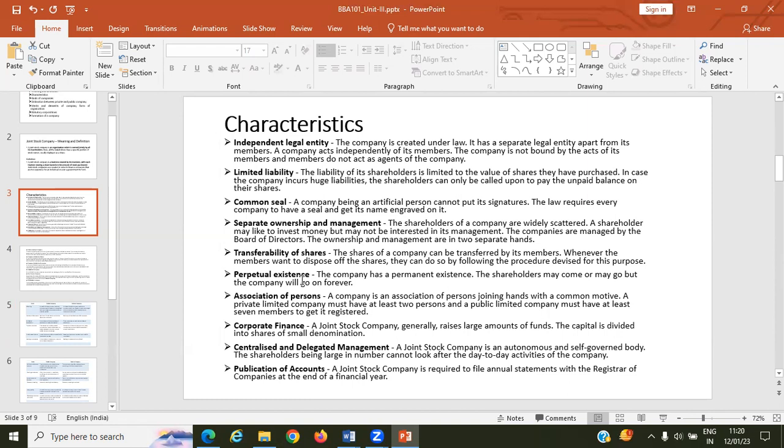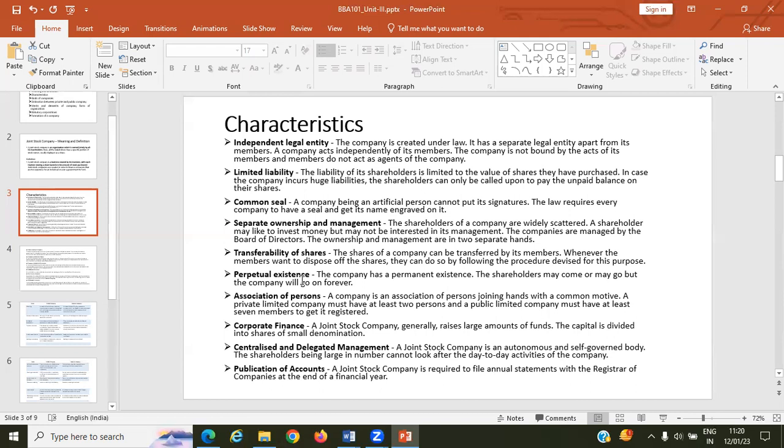That is how the joint stock company came into the picture, where people purchase shares and put money into the business, and you do the business with a lot of people associated with it.